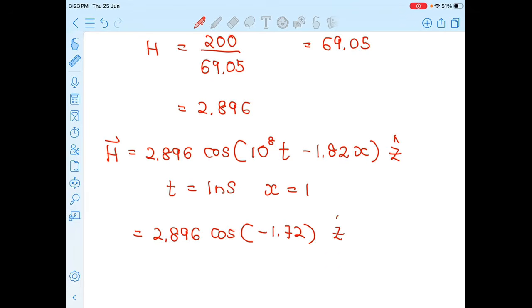Make sure you are in radian mode. So cos of the answer, multiplied by 2.896, is equal to minus 0.43 ampere per meter. So this is the magnetic field value at time 1 nanosecond and also at the position x equals 1.